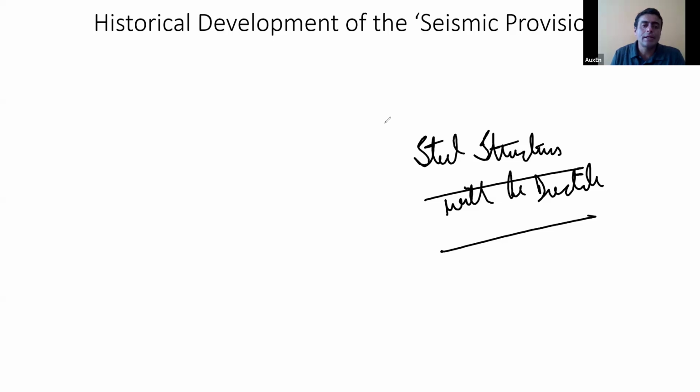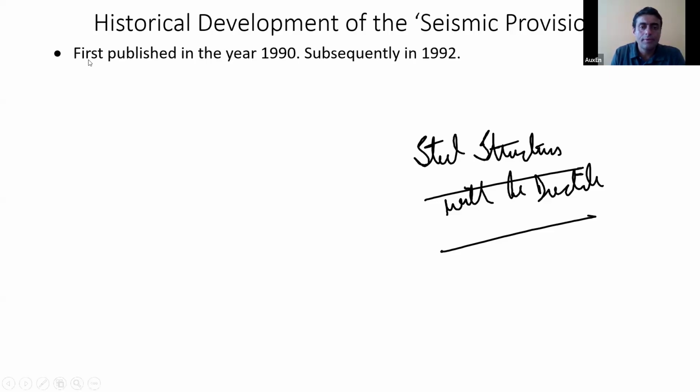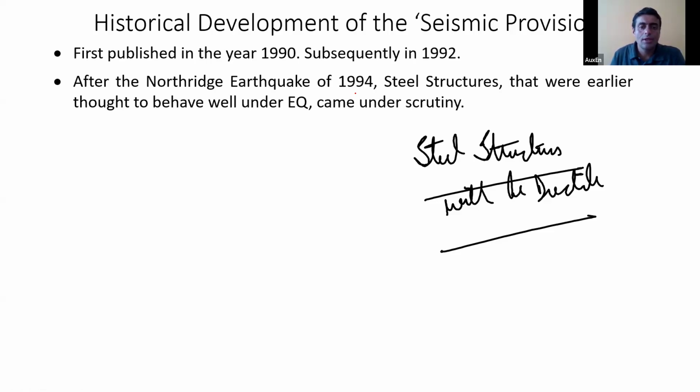But then this understanding was challenged by the 1994 earthquake which hit the state of California. The epicenter was near Los Angeles, and it is often known as the Northridge earthquake of 1994.